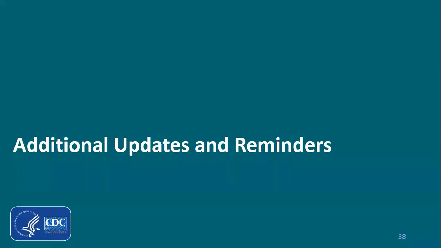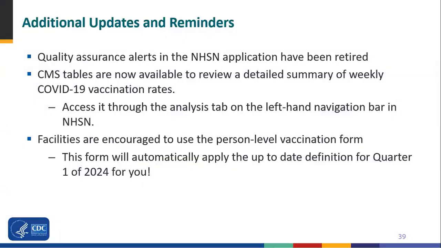We'll now review additional updates and reminders about NHSN data reporting. NHSN previously used data quality assurance alerts. However, these have now been retired. CMS tables are now available to review a detailed summary of weekly COVID-19 vaccination rates.